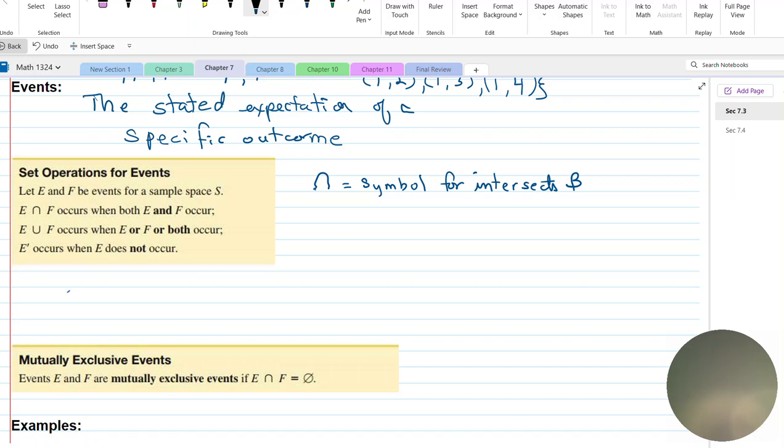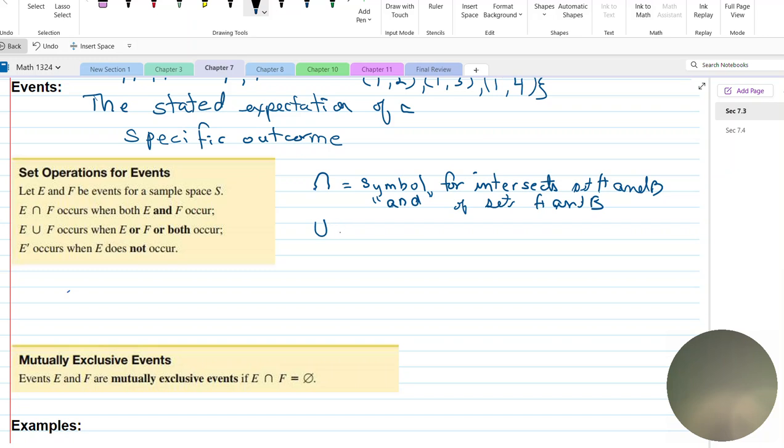That would be the and, like we said above on the overlapping female engineers.